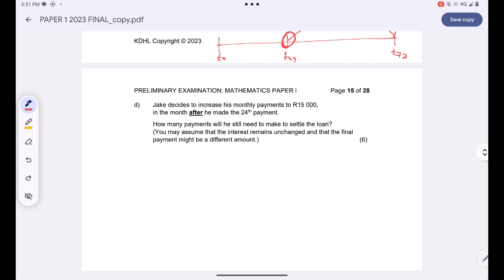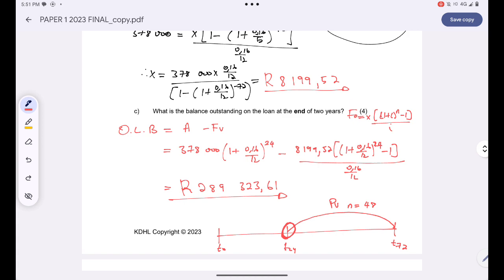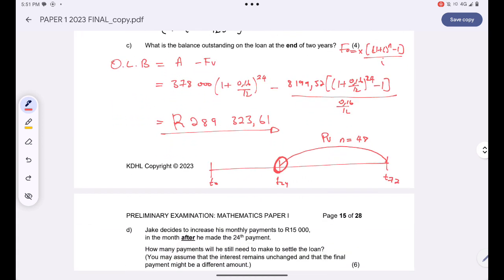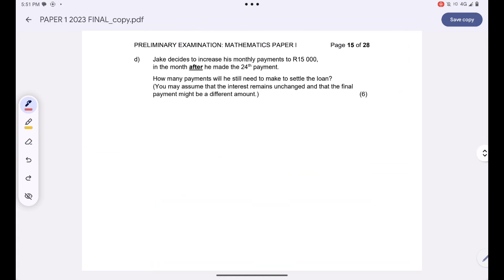Okay, and now we are being told that Jake decides to increase his monthly payments to 15,000. Initially, he was paying 8,199 rands 52 cents, but now he decides to increase the monthly installments. They want to know how many payments he will still need to make to settle the loan.